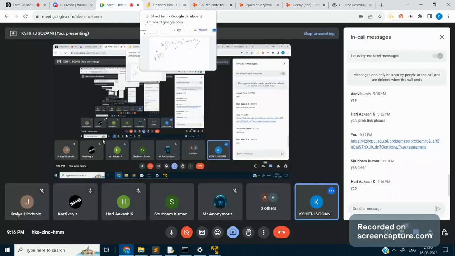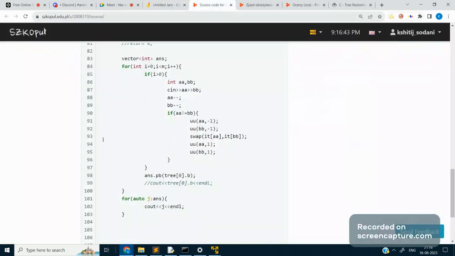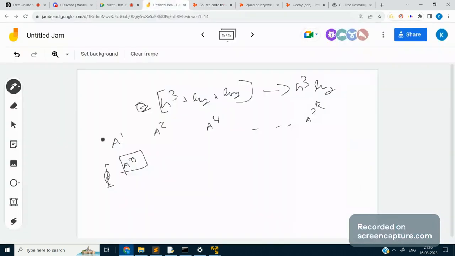In the problem statement it's given that the number of explorers is greater than 1, so we can't finish the problem in 0 moves; we need to make at least one move. So we start with A to the power 0. We multiply A to the power 2 to the power k into it and see if it's possible after this many moves. If it's possible, we don't multiply it. And if it's not possible, we just multiply it. This is similar to binary lifting.